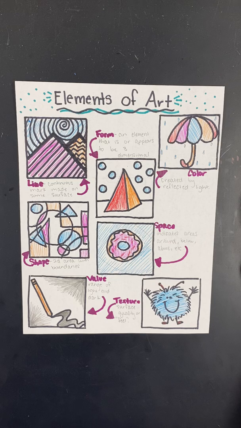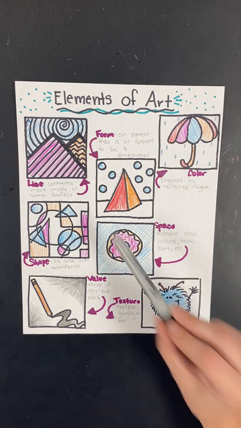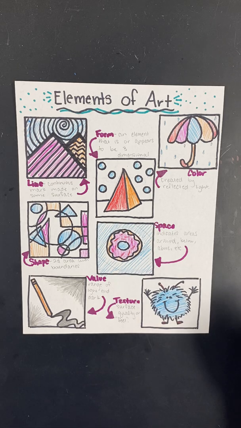And again, y'all, you can reference back to that PowerPoint, or the PowerPoint I had for the video yesterday. You can look back on those definitions and use those, all right? But those are the main directions. So a box for each element, label it, definition, and picture, all right?